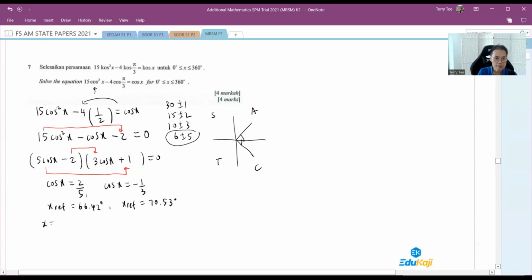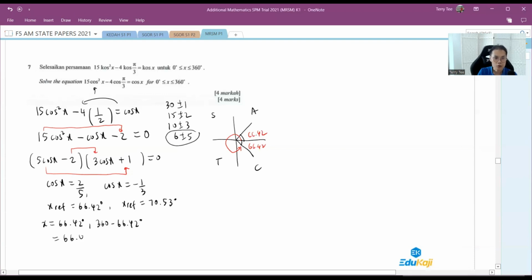So for the first part, your first answer is 66.42. But the second answer, you need to go all the way from here to here. Yeah, quadrant number 4, right? This is 66.42. We should take 360 minus 66.42. So you can work it out.